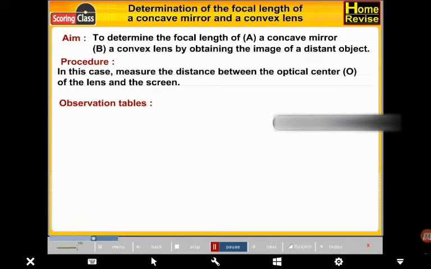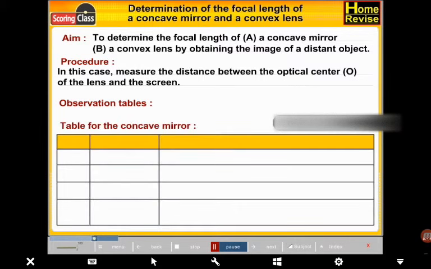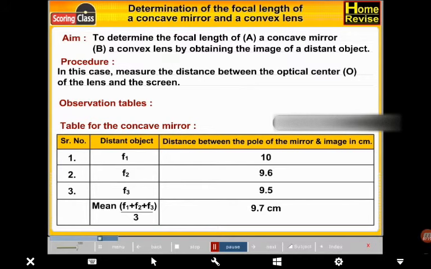Observation table. Table for the concave mirror. The columns are serial number, distant object, and distance between the pole of the mirror and the image in centimeters, and we will find the mean distance.